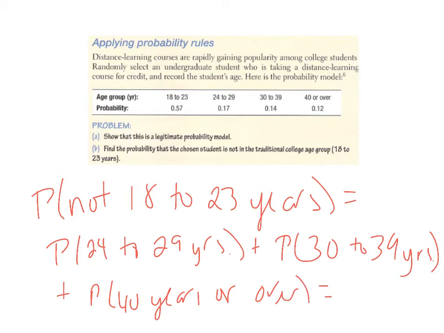When I add all those up, the 0.17 plus the 0.14 plus the 0.12, I get the same answer, 0.43. So you have a 43% chance that when you call this person and ask them their age, they're not in the traditional age group.